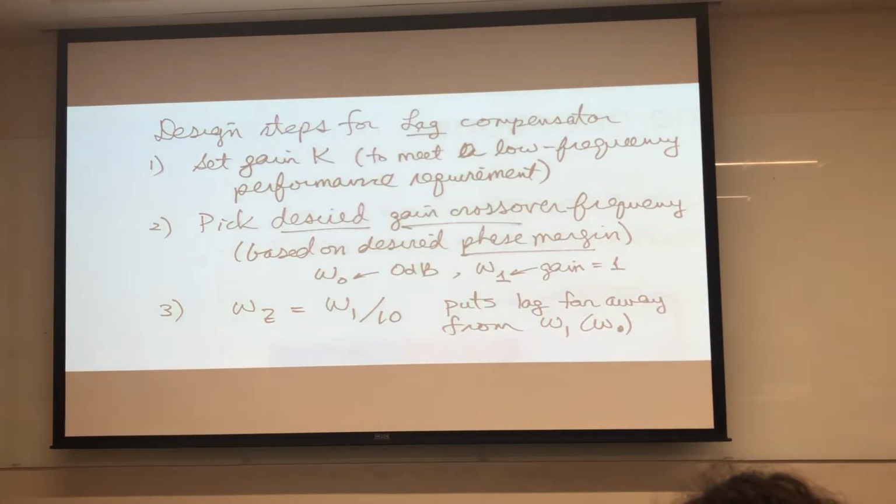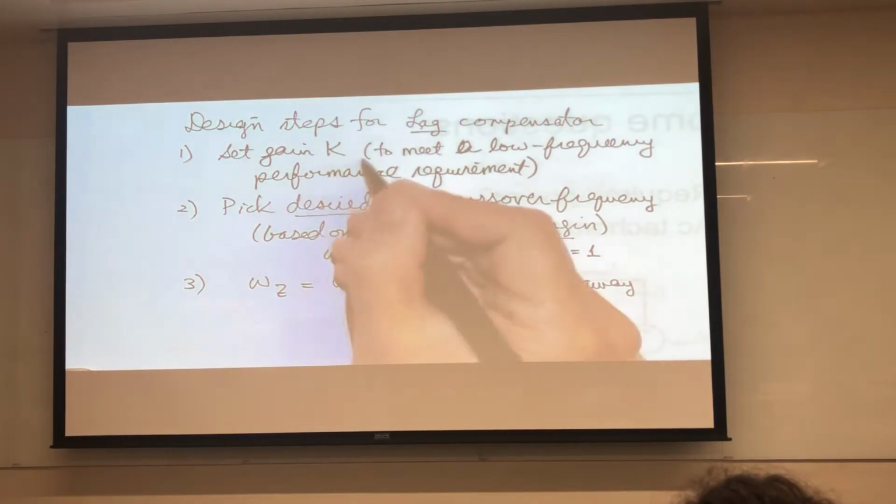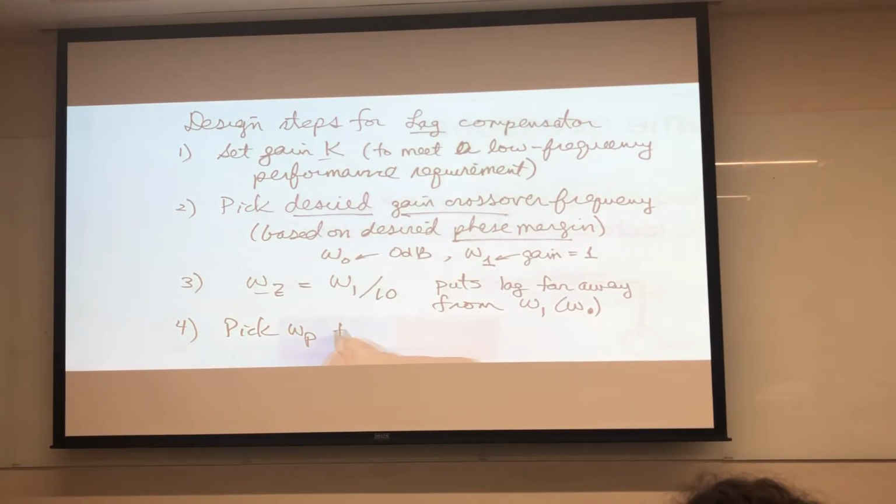Now, as a fourth step, the last step we need to do is, all right, we got k designed, we got omega z designed. The last thing we have to do is design omega p. Pick omega p to achieve desired high frequency loss.